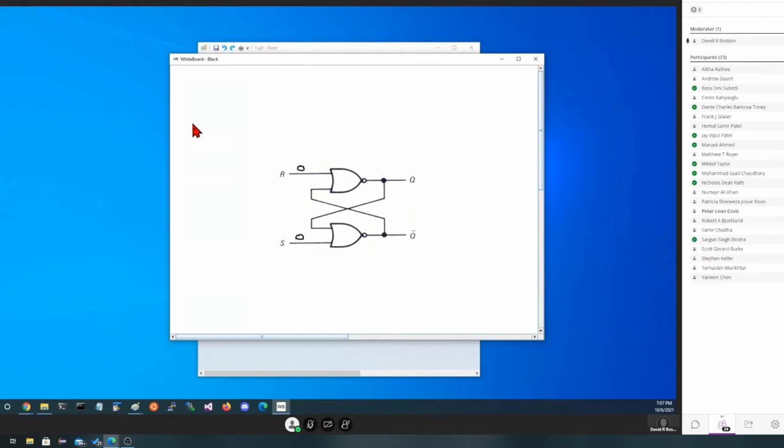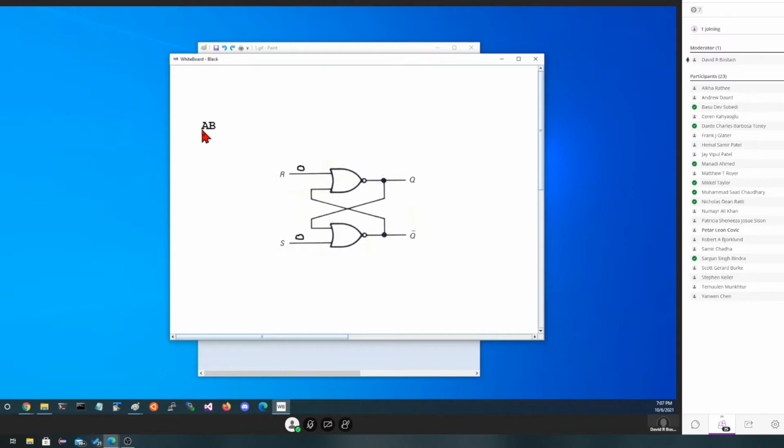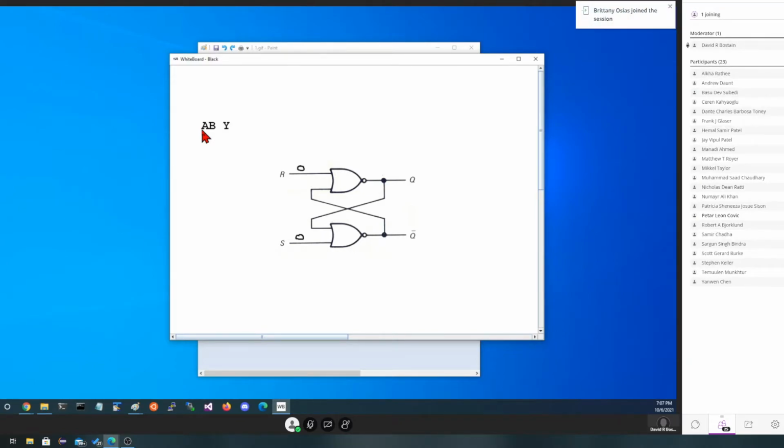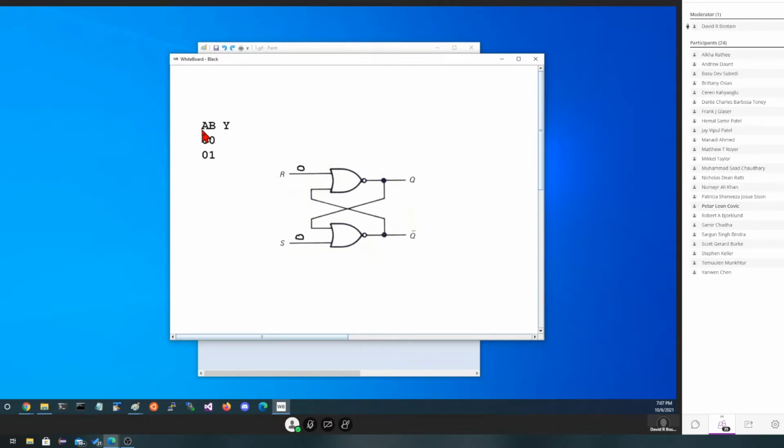So what we need to do is let's just temporarily write down over here the truth table for a NOR gate. A, B, Y. Okay, so what does a NOR table look like?